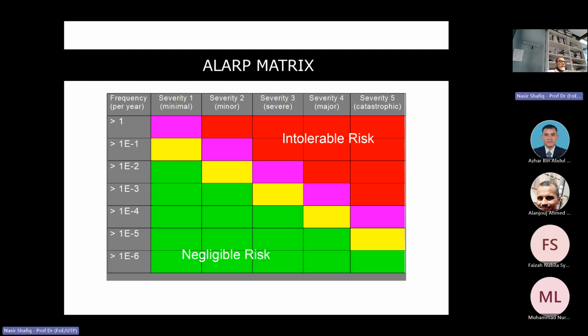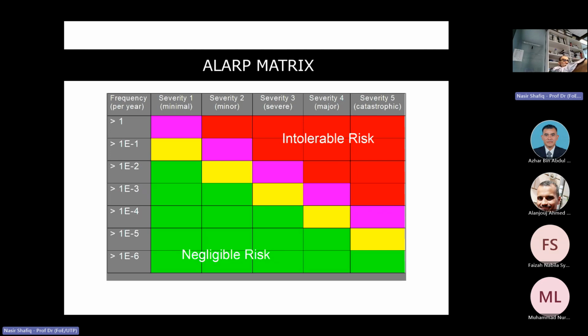So they have plotted the frequency against the severity level, like 1, 2, 3, up to catastrophic.